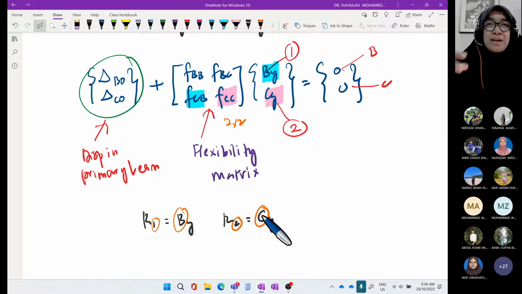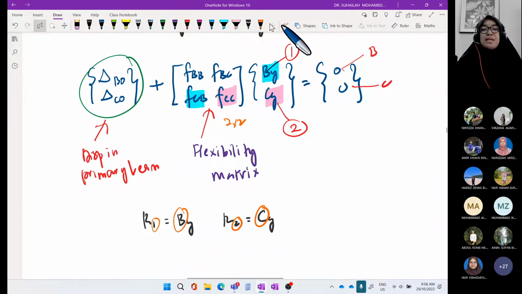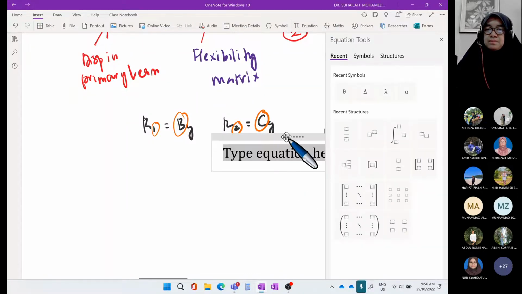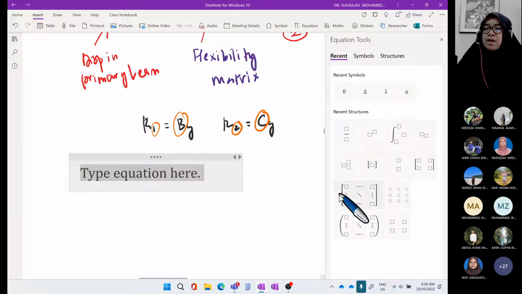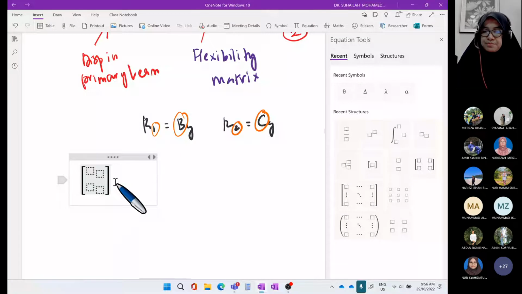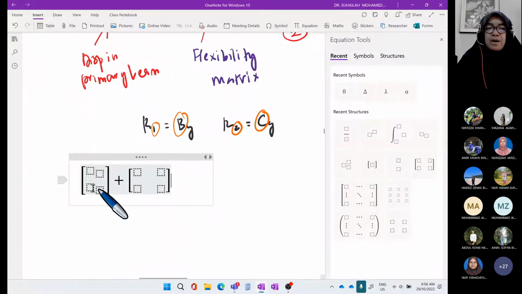We will write one standard form of the compatibility equation. We always write with the primary system, and then we will have a 2 by 2 flexibility matrix plus this 2 by 2 flexibility matrix.